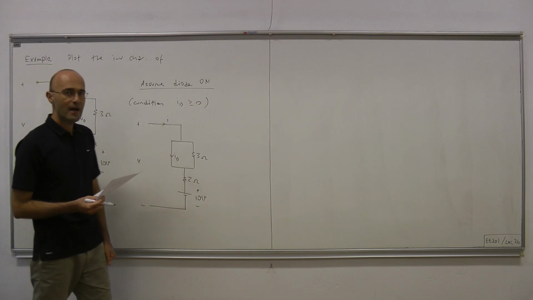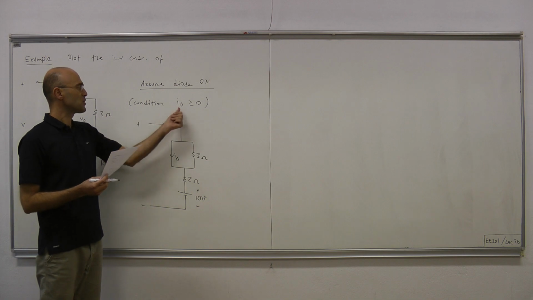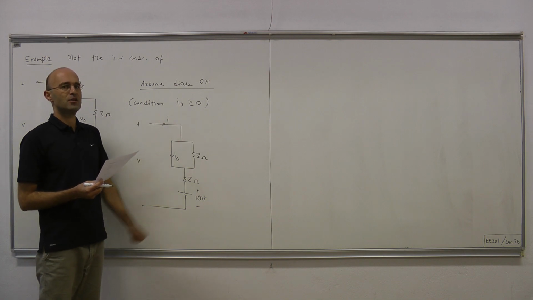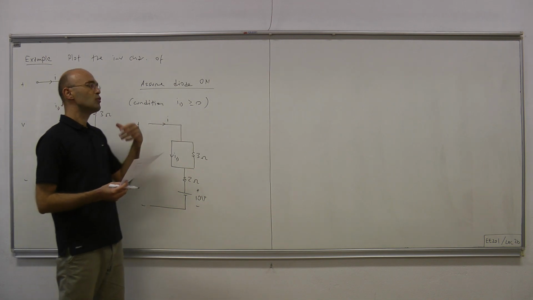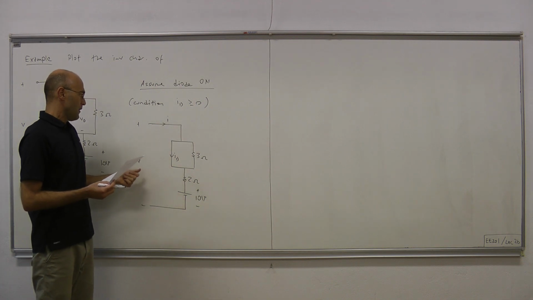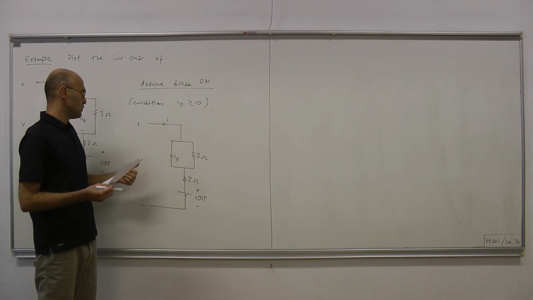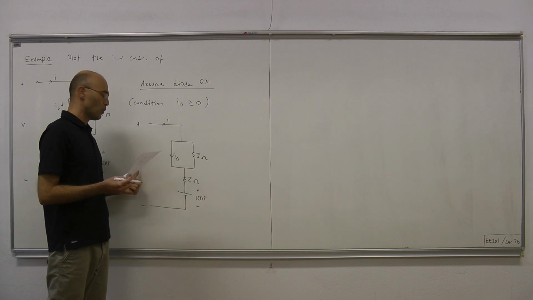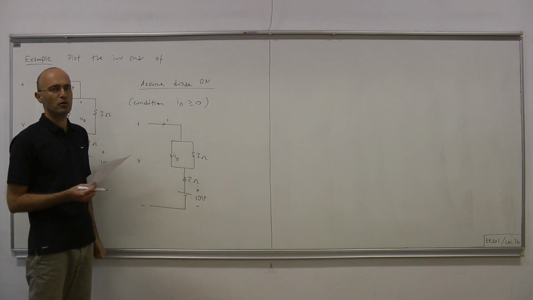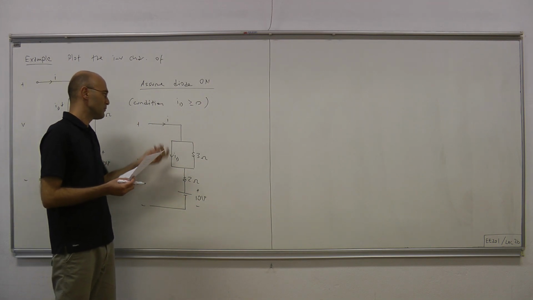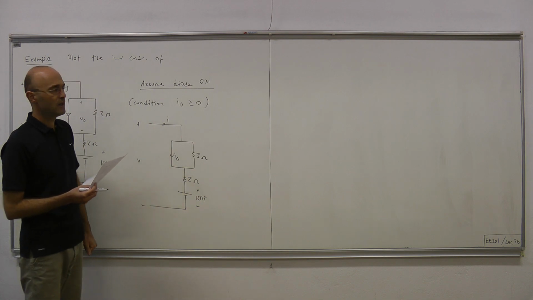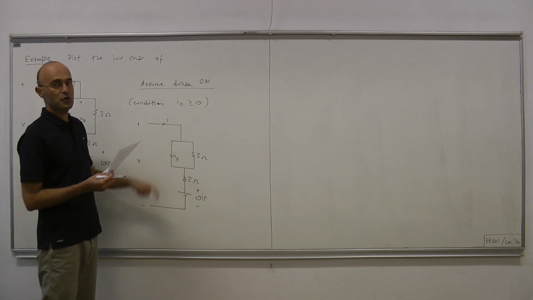So we're going to do that, and then translate the condition that the diode current is greater than or equal to 0 into a condition in terms of the current or the voltage of the overall one port. We're going to stick to the voltage, but we could have also done the current version.